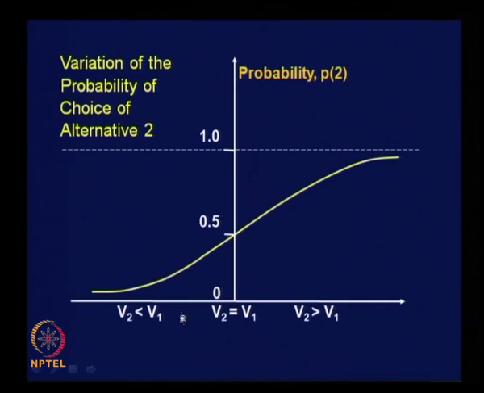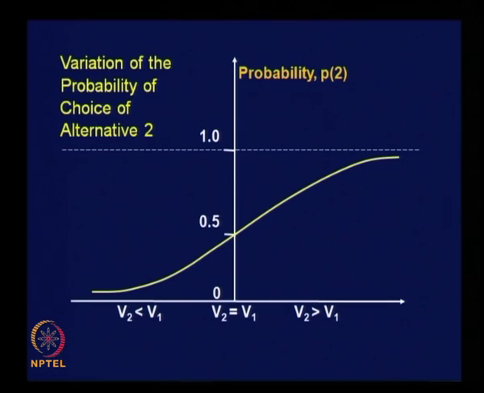And similarly when V2 is less than V1, obviously nobody should use V2 based on the value of V and everyone should use only V1, but it is not happening. Still some people are using V2, isn't it. Probability of choice of V2 is still there, and this explains the actual choice process.